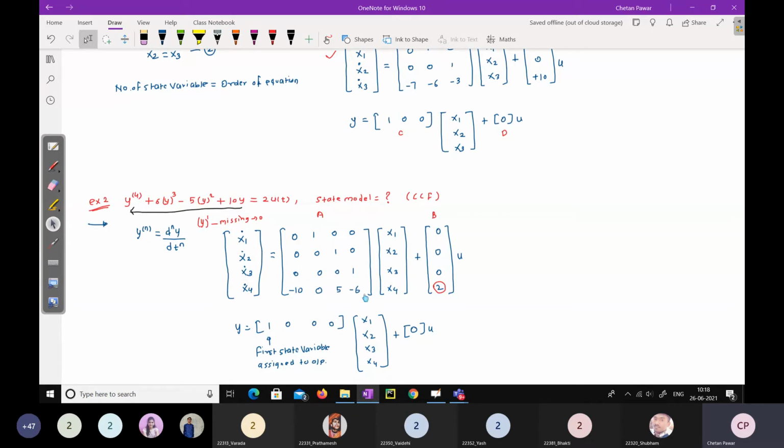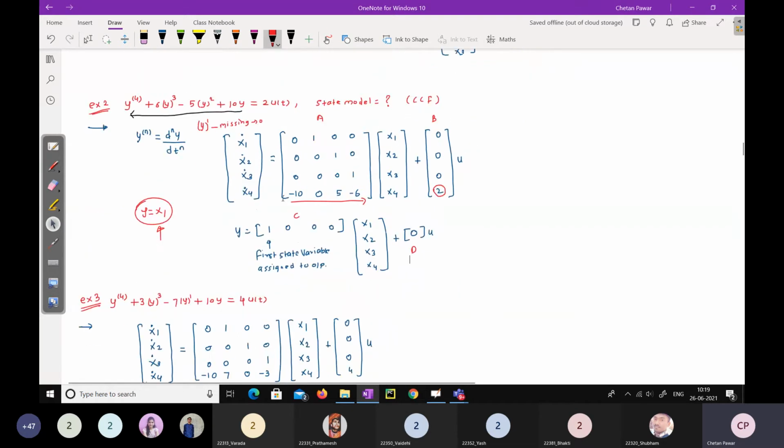Only the last row is decided by traversing in the opposite direction and taking opposite signs. So the final row is decided by this, and the output will be y is equal to x1. Okay, so here only the x1 term they will take. So 1 0 0. So this particular technique you can apply. So this will be C and this will be D.